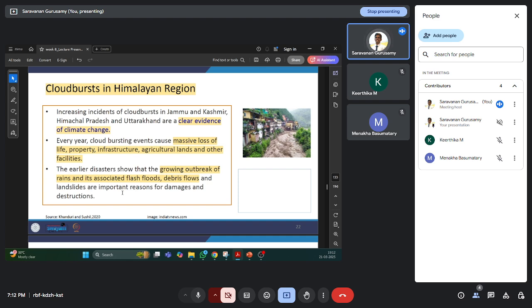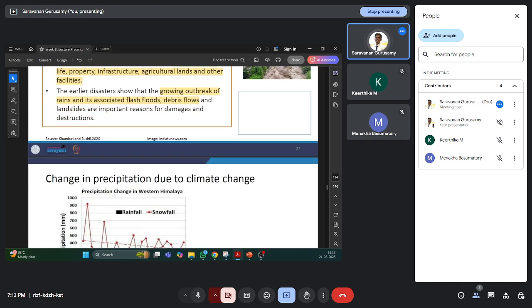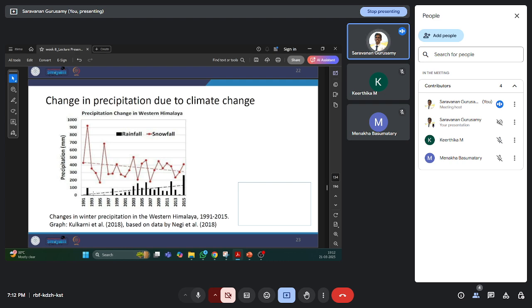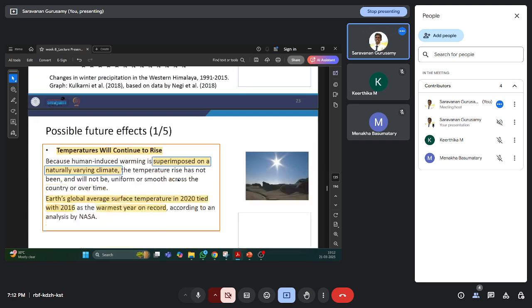We need rain across a season, but it will not happen. Instead, that much precipitation will happen on a single day. That's called cloud burst. So you can see the rainfall is increasing and the snowfall is decreasing, or the snow is getting melted. That's the impact.